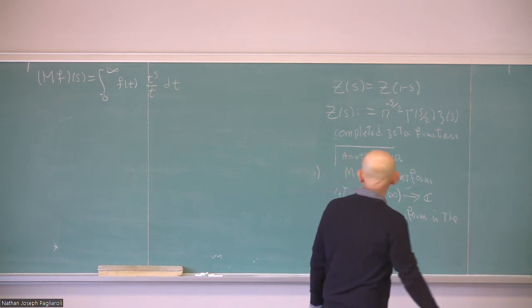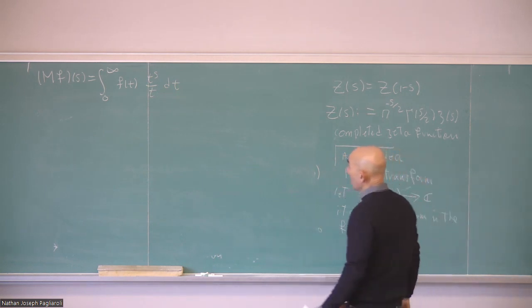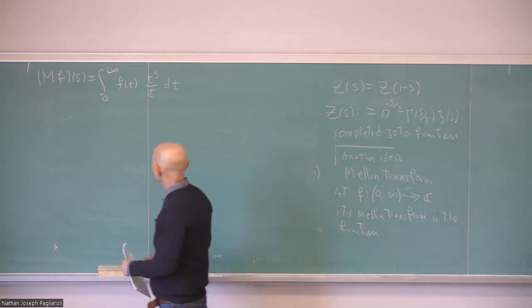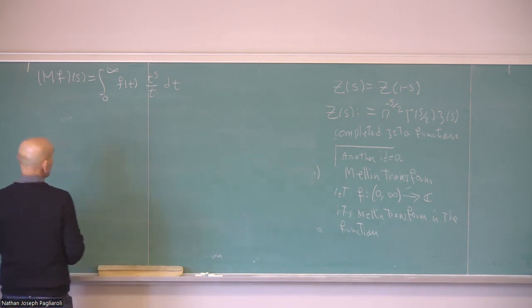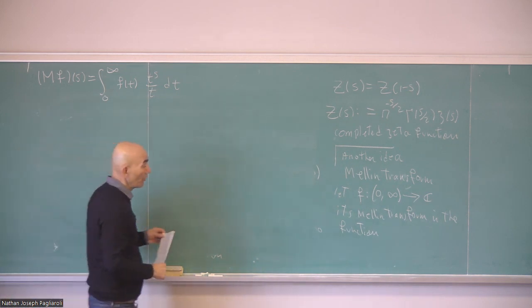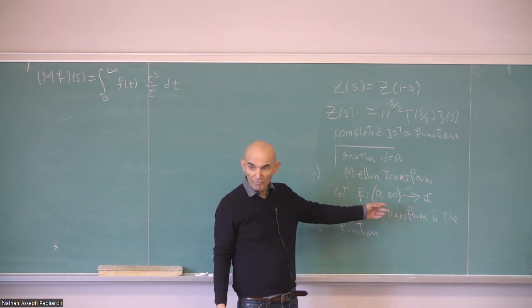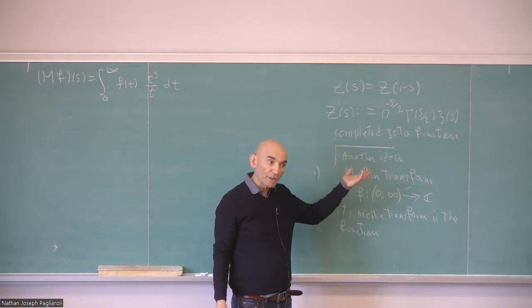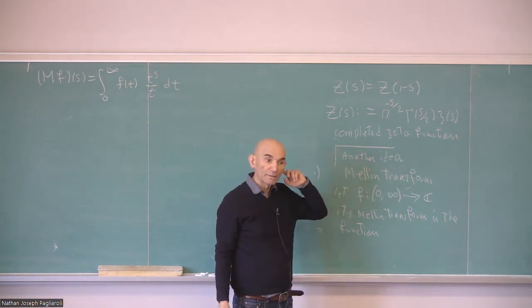That's the thing. So now, for this to make sense, we have to put some conditions, some restrictions on f, for the integrals to converge at infinity and to converge at 0.